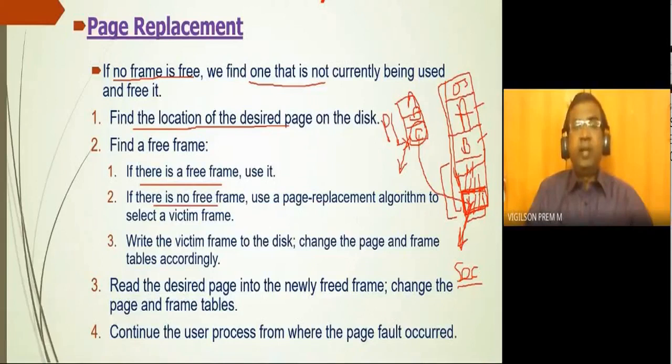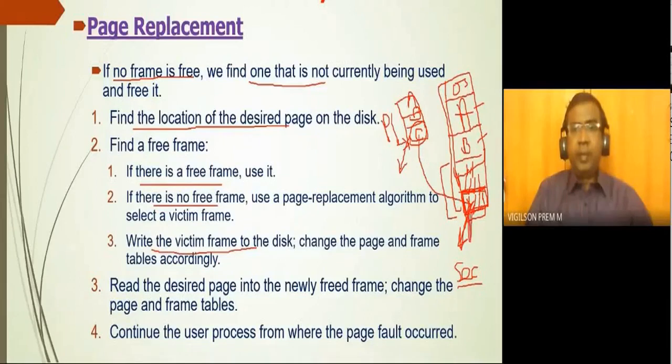Here we refer to it as the victim frame. Which frame we free is based on some condition, and that condition is given by the page replacement algorithm. After selecting the victim frame, write the victim frame onto the disk, as I told.